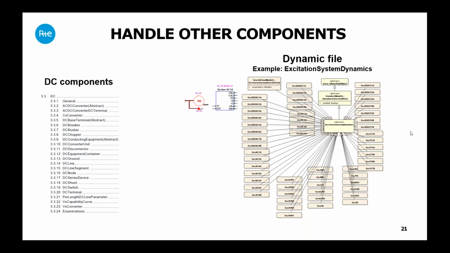For example, for every exciter here, you have the macro parameters. They are well defined in the standard, and it's perfect. But for other controllers, there is nothing.